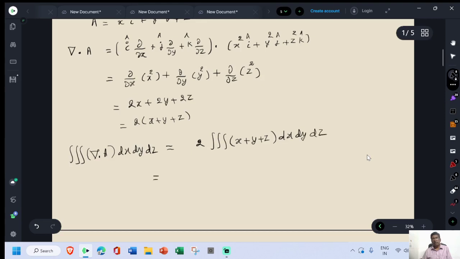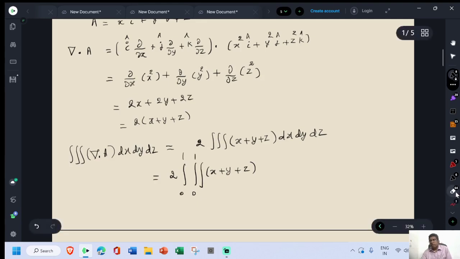This is equal to 2 into x plus y plus z, limit varying from 0 to 1, and also 0 to 1.